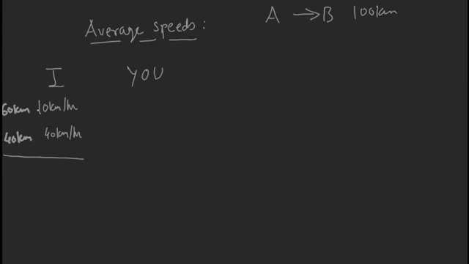For these 60 kilometers I would take 60 by 10, that is 6 hours. And for these 40 kilometers I would take 40 by 40, which is equal to 1 hour. Then the total time would be 6 plus 1, 7 hours.